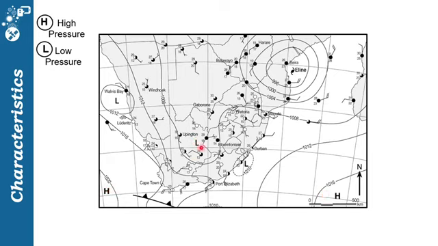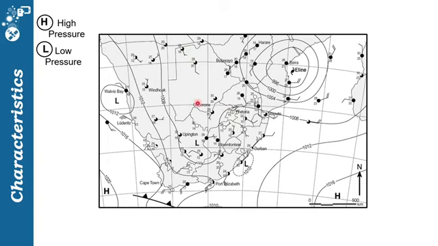Here's another low pressure cell. This one is found over the interior of South Africa, and this is called a thermal low or a heat low. If you look at the temperatures at the weather stations here, 29, 29, 27, you can see the temperatures are relatively high, they're close to 30.